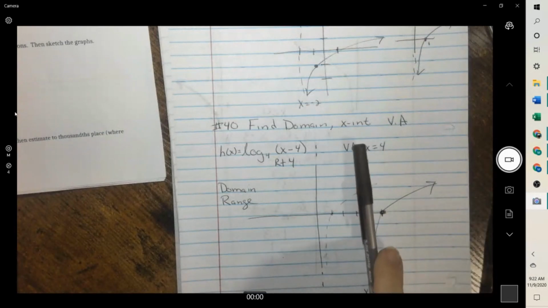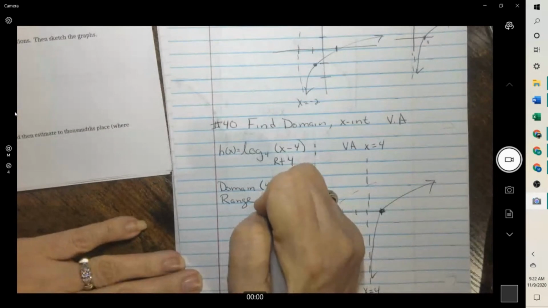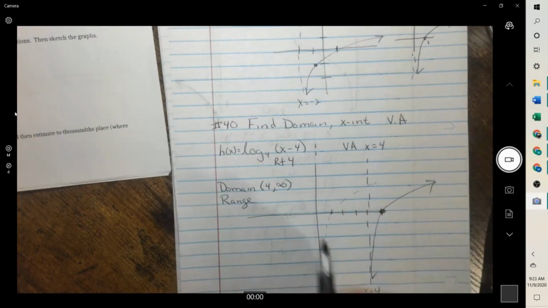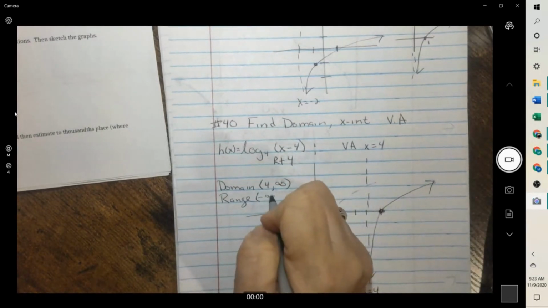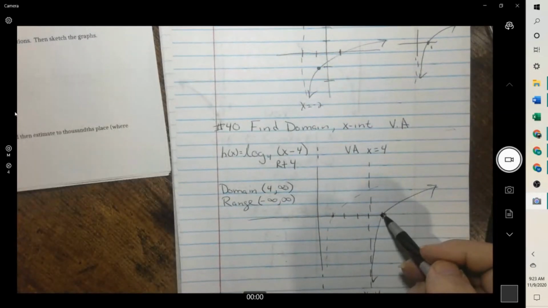Notice the domain, we're starting here at 4 and going over, but we're not including the 4, so it would be 4 to infinity, because there's nothing before 4. And then the range, it's including all the values, so it's all real numbers. And the x-intercept, well, right there.